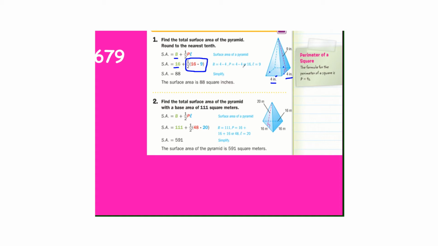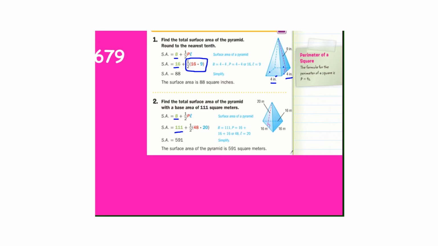Here's a triangular pyramid, number 2. So just remember, when you're finding the area of the base, that's a triangle, you have to do half, okay? So the area of the base, 16 times 16, or 16 times 8 you could have done, because you have to divide by 2.